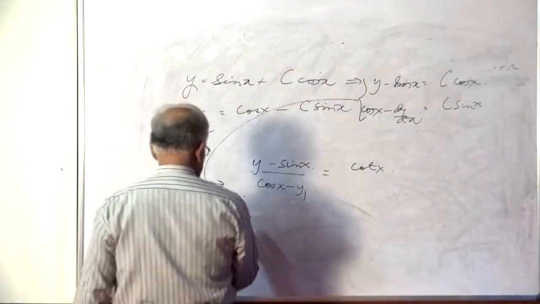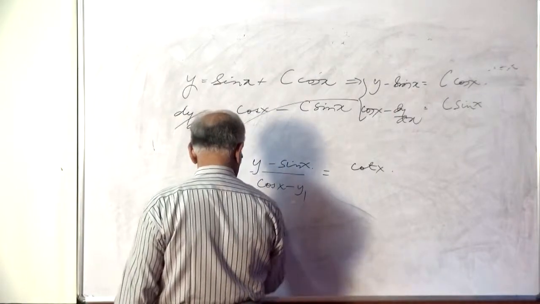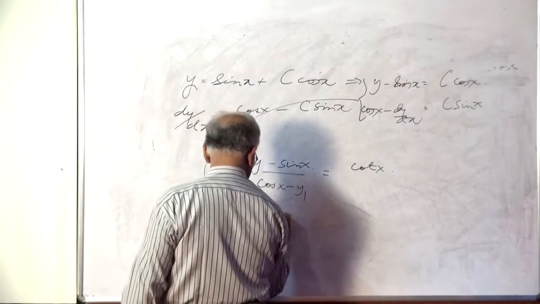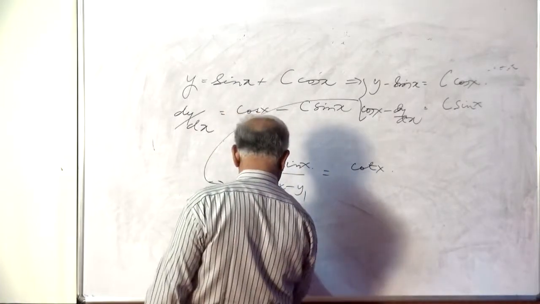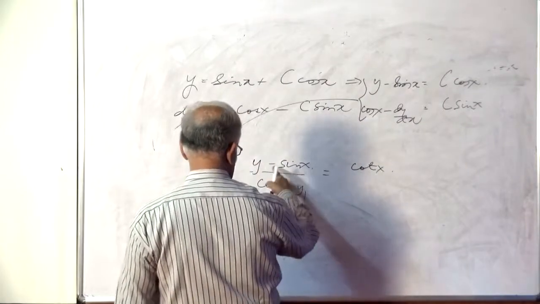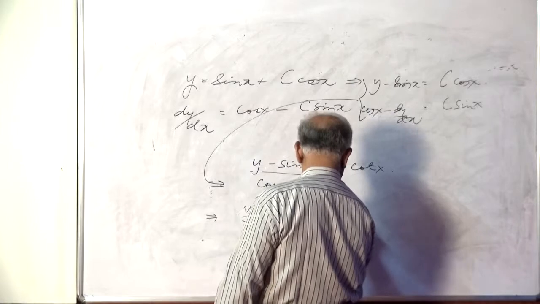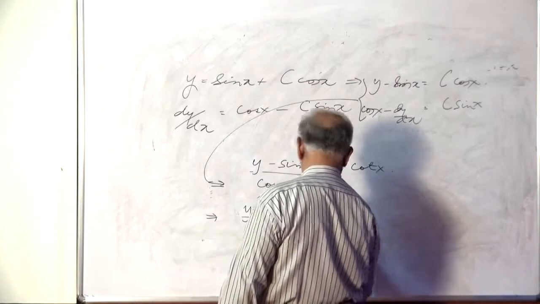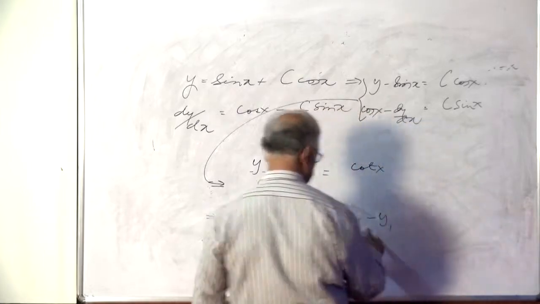We then write, this implies y minus sin x over cot x is equal to cos of x minus y1. y1 is dy/dx.